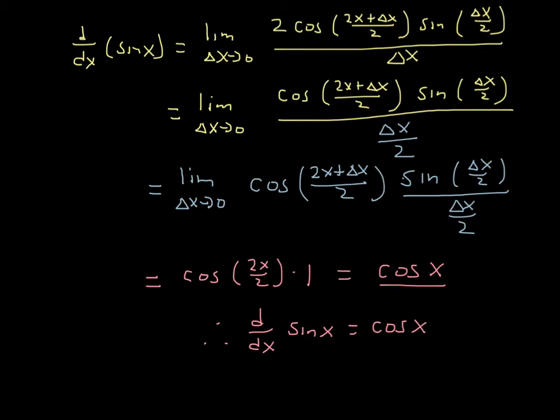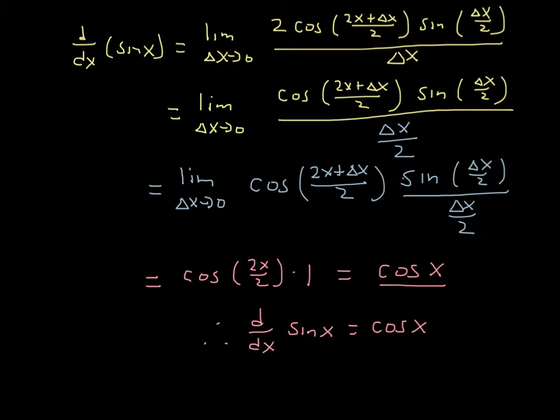Well, I want you to take a look at this fraction here. That looks very similar to a special limit we dealt with before, when we had the limit as u approaches 0 of sine of u over u, that was equal to 1. So in this case right here, I know as delta x goes to 0, this fraction will go to 1.